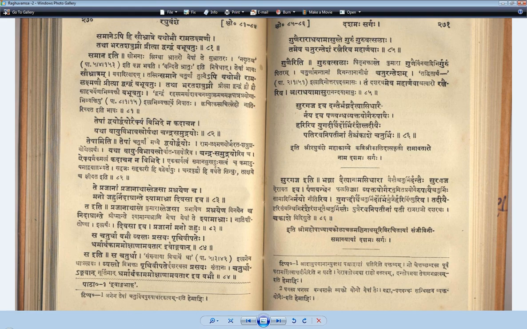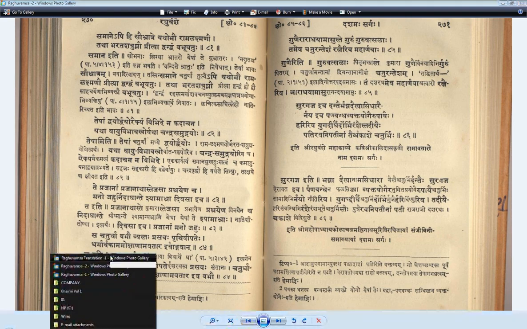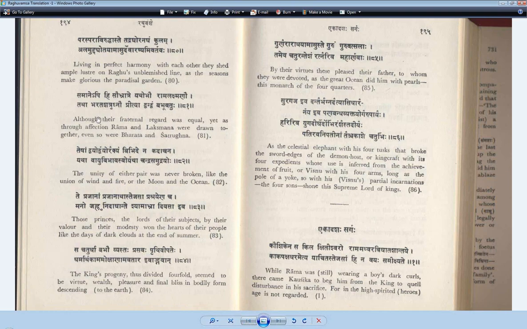Let's look at the translation and wrap this up because I know time is up. It says, although is api. Although. There is understood. Fraternal regard is saubhratre. Sati saptami. Was equal. Samane, you can supply sati; this whole thing is in the past tense, so was equal.